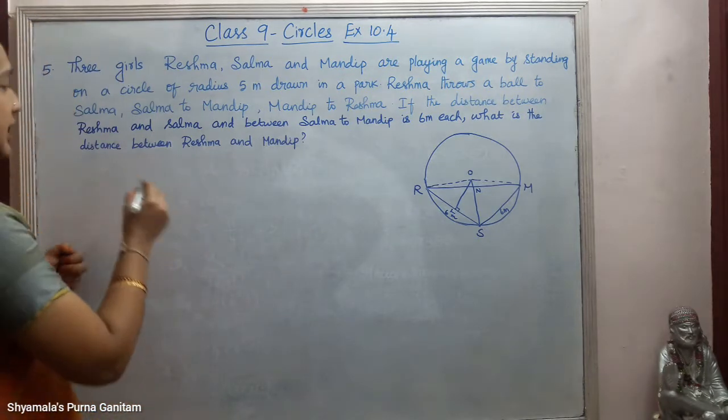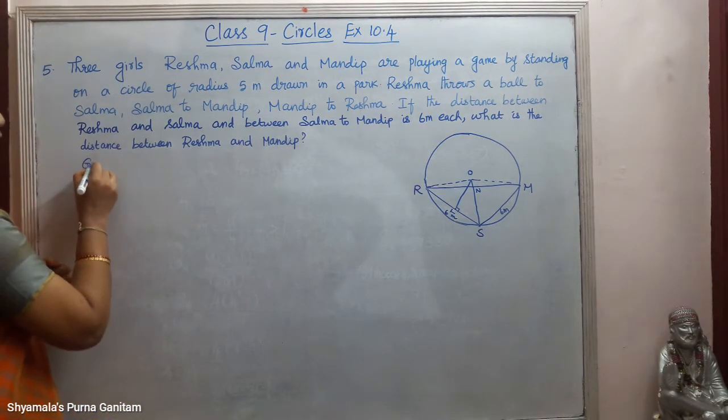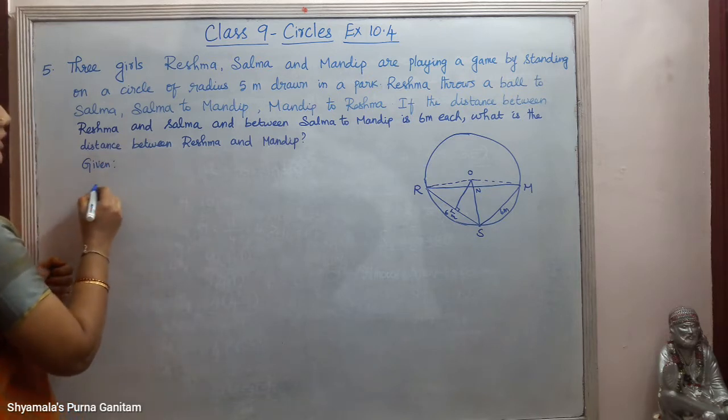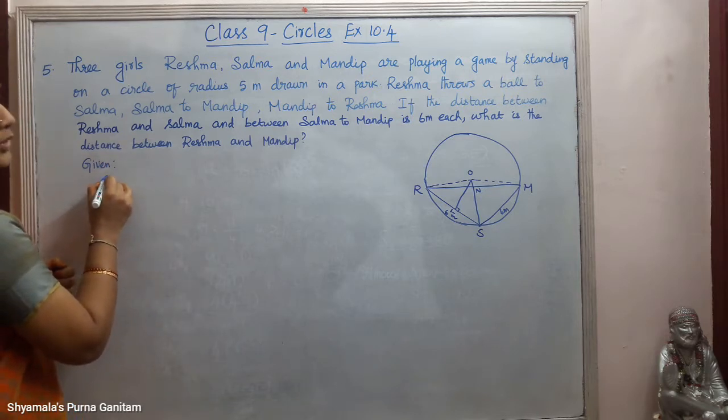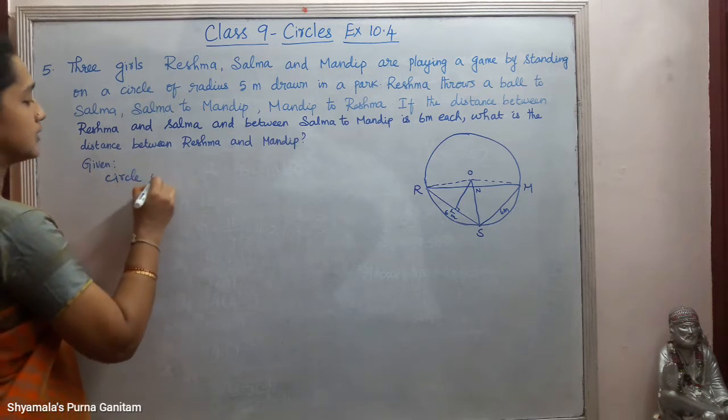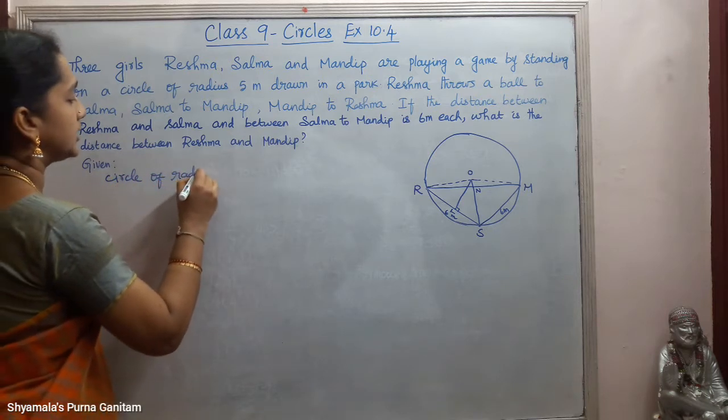So we will write whatever is given first. Given: circle of radius 5 centimeter.